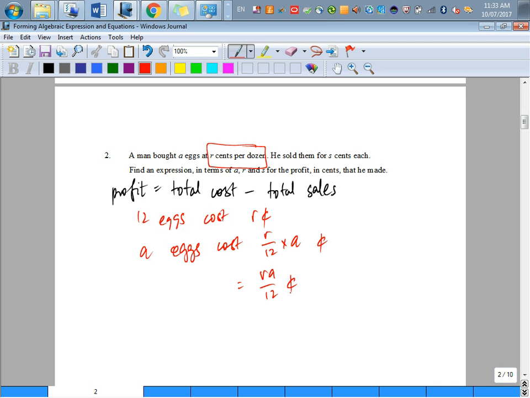This is the total cost, how much he paid. So now he sold them for S cents each. Total sales is equals to A times S cents equals to AS cents.